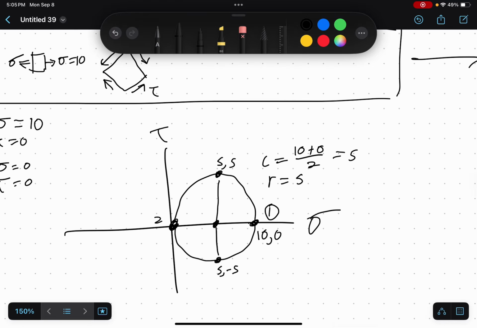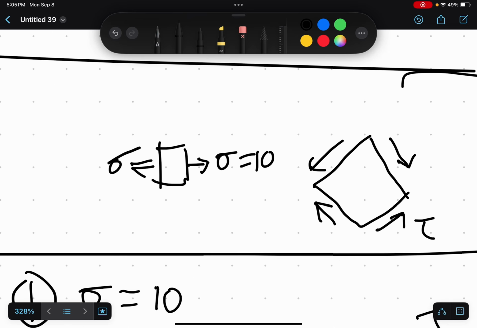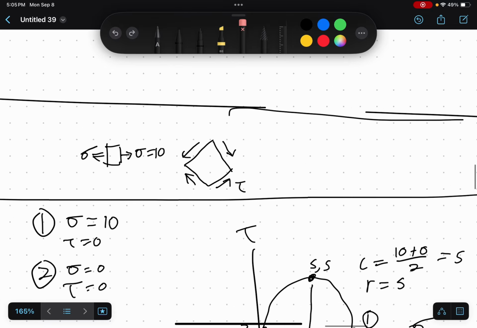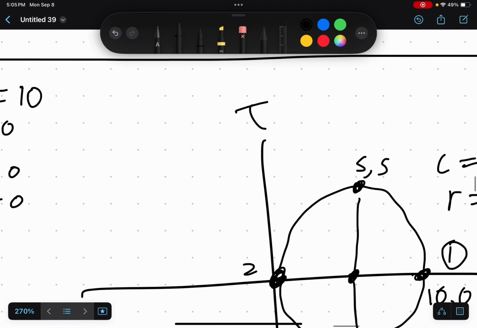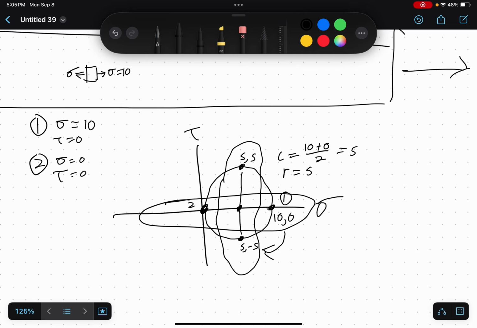So what does this mean? This means if you start in this orientation, and I'm going to erase this and then redraw it step by step, and you rotate it clockwise by 90 degrees, you'd end up on that line with the 5s and the negative 5s.